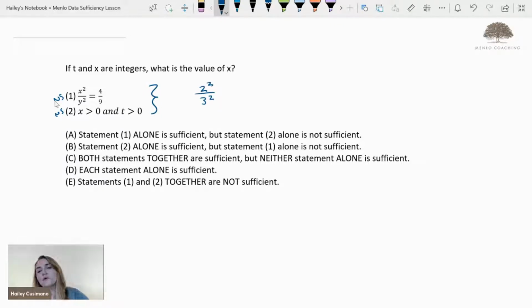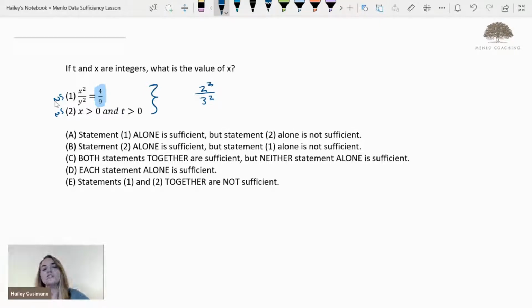The other thing that I would note here, outside of considering those positive negative number properties, is that this 4 over 9, this didn't represent a value to me. It represented a scalable relationship. It's a ratio, which means that it didn't inherently tell me that x squared is equal to 4 and that y squared is equal to 9, but rather that they needed to equal some multiple thereof.